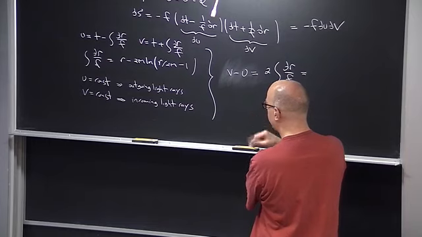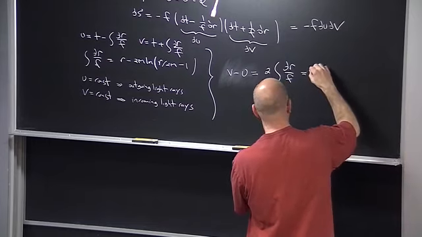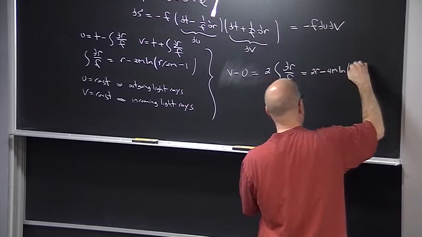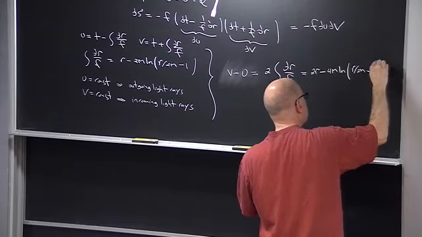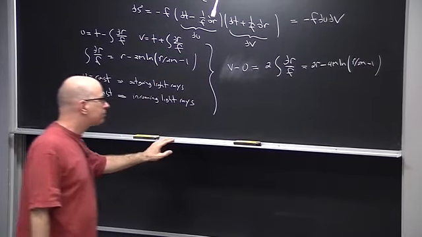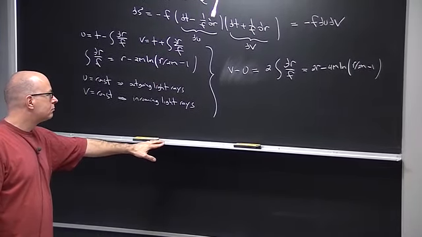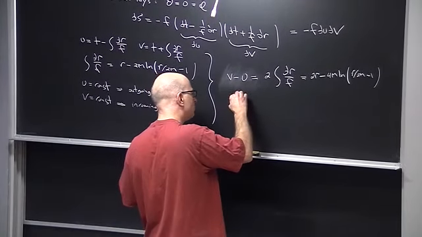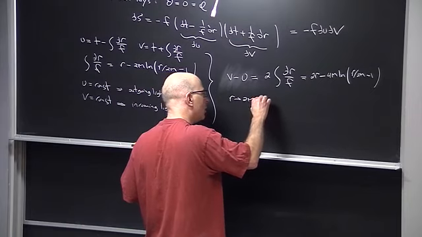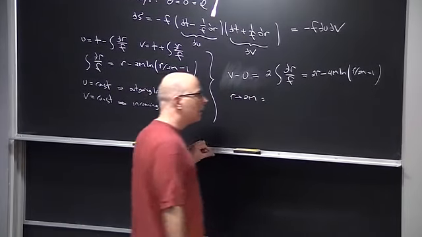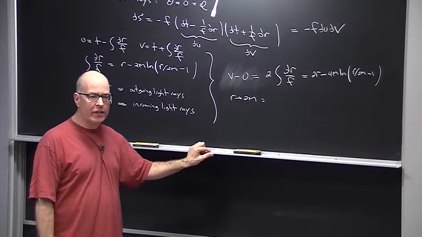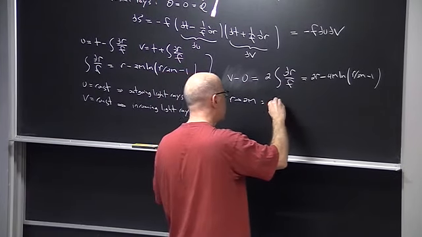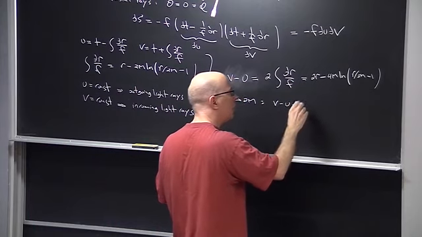V minus u is twice r plus minus 4m log of r over 2m minus 1. So when r goes to 2m, we see that the log here goes to minus infinity.